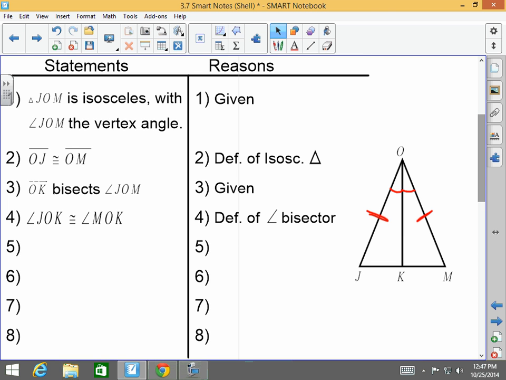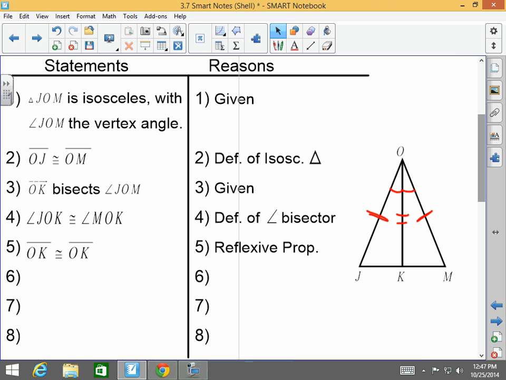Now looking at this triangle here and remembering what we're trying to prove, we're trying to prove that JK is congruent to KM, so we can prove that OK is the median to the base. So with that in mind, we can say that OK is congruent to OK because of the reflexive property.